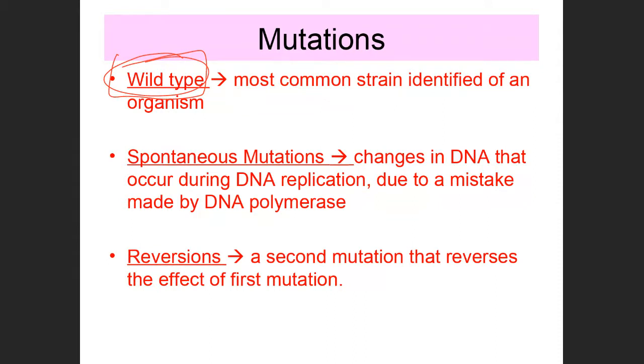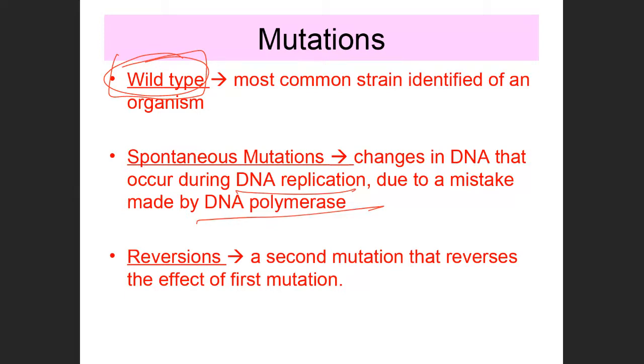But in general, we do nowadays have pretty much the genetic codes of most of the common organisms, so it is easy to know, okay, this is that strain, this is this strain, this wild type, meaning common strains. Any variation from the wild type is a mutation. A spontaneous mutation is if that variation was due to a mistake in DNA replication by DNA polymerase.